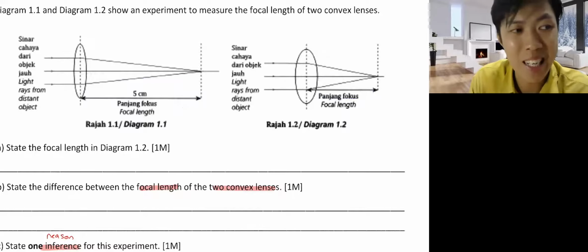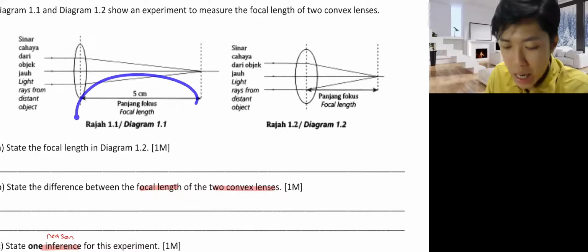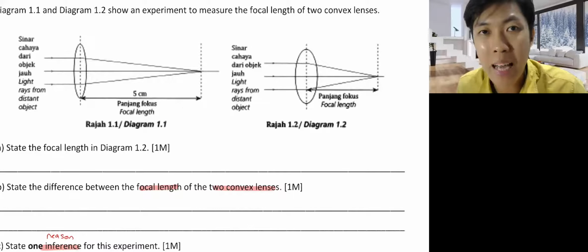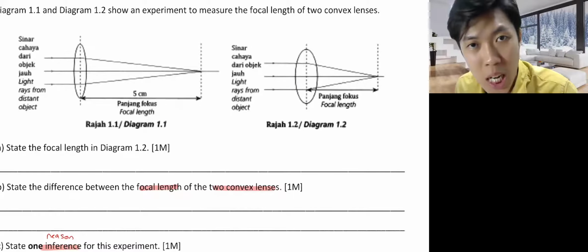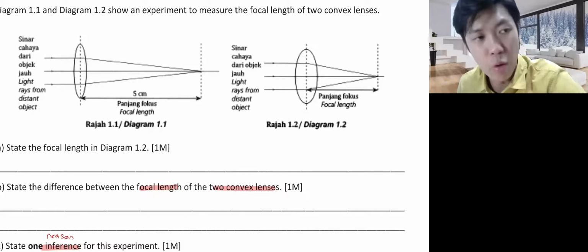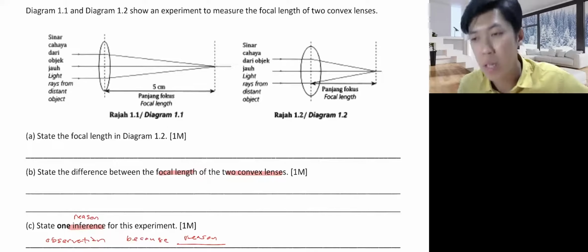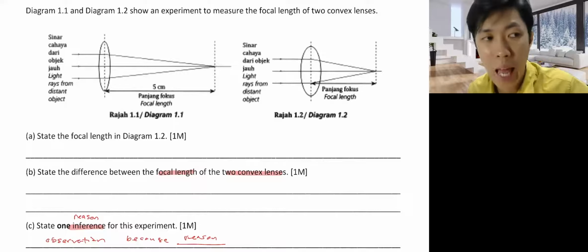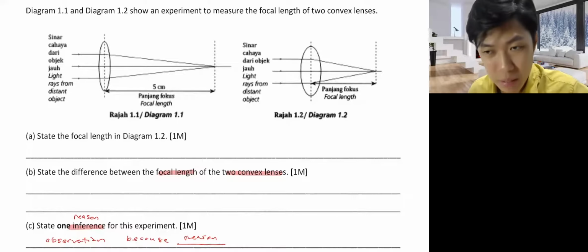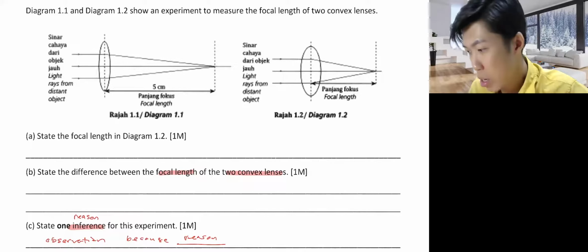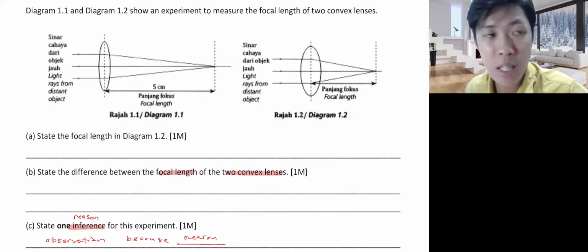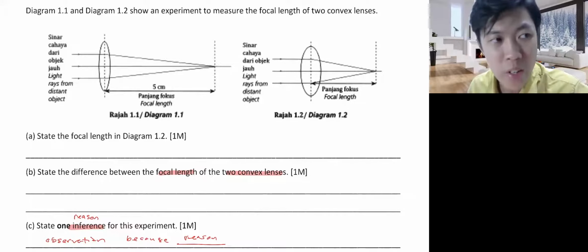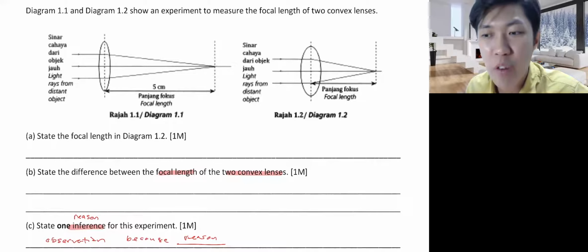So you can write as your starting: the focal lengths produced by the convex lenses are different because it is affected by, or depends on, the thickness of the convex lens.